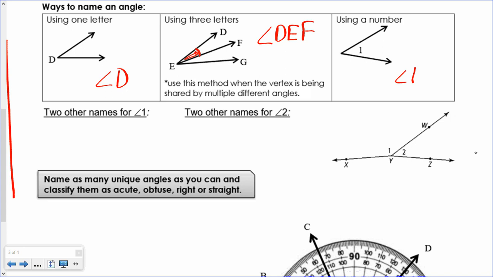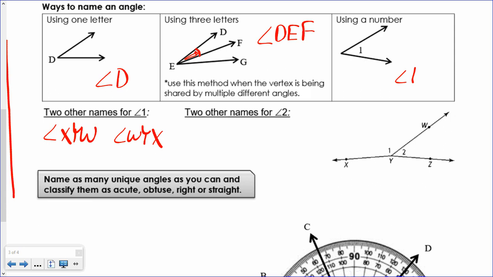No, you cannot use Y. Because if you say angle Y, it could be this angle, it could be that angle, it could be this one, that one. You can't just use one letter. I heard angle XYW, which is correct. There's another one. Yes, WYX.